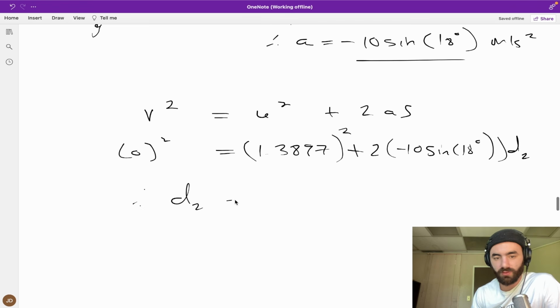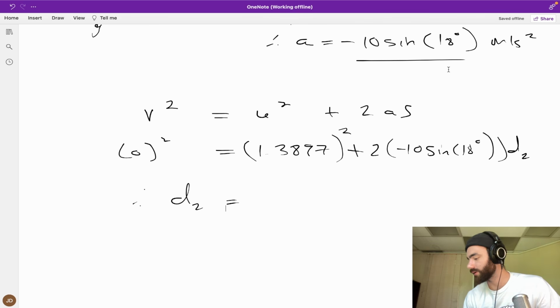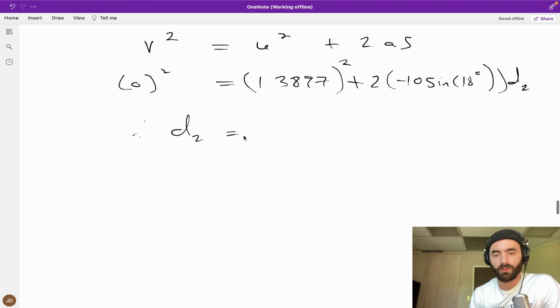So we rearrange for d2 and we get this squared divided by 2 times 10 sine 18. You get 0.312 meters.